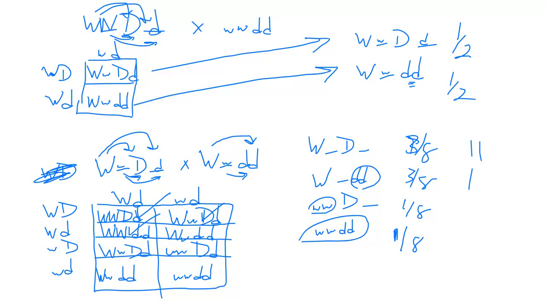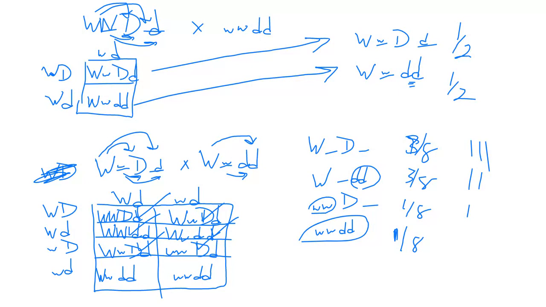Big W, little d, little d is white sphere. Big W, big D, little d, white disk. Little w, big D, little d, yellow disk.